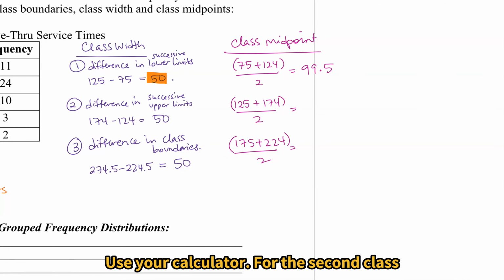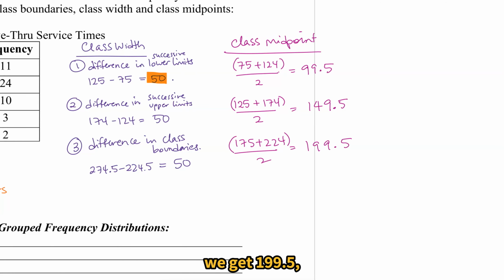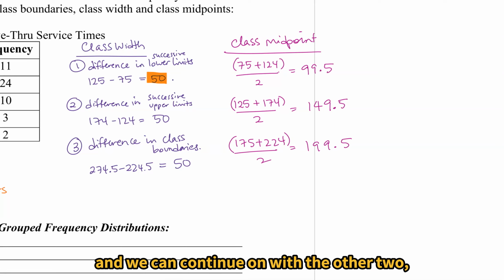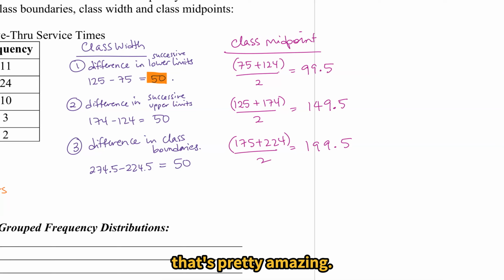Use your calculator. For this second class midpoint, we'll get 149.5. For the third class midpoint, we get 199.5. And we can continue on with the other two, but I want to show you something else that's pretty amazing.